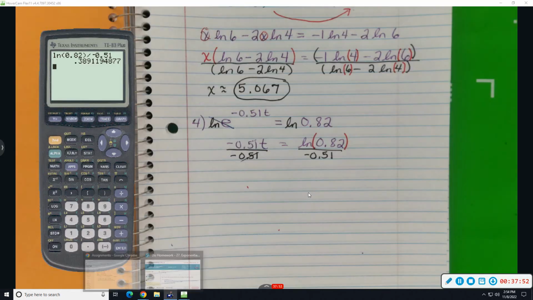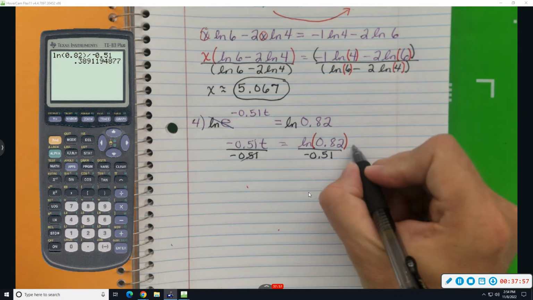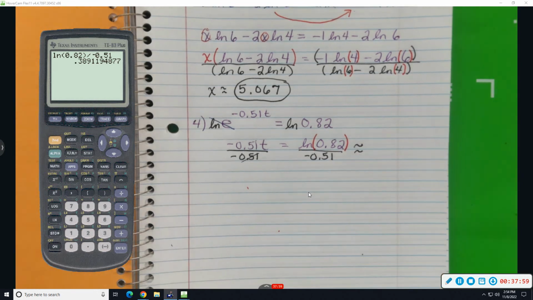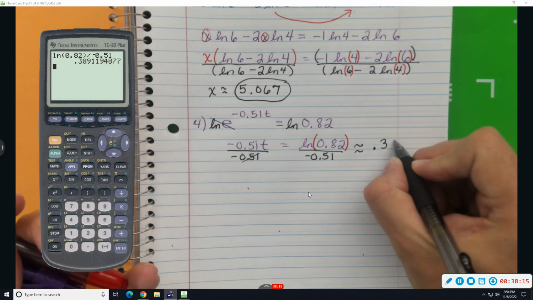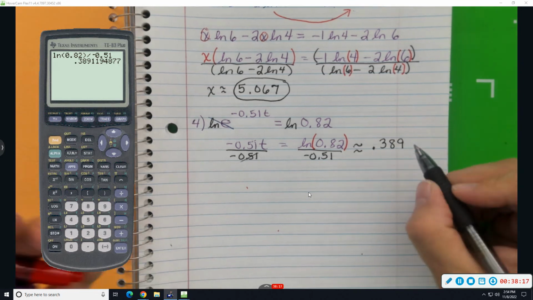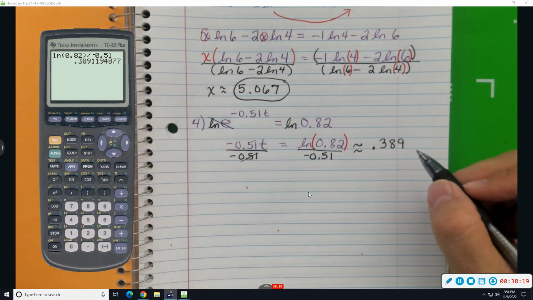Okay. So, wavy equals, meaning just approximate. So if I'm rounding this to 4 decimal places, 0.38911. So it's going to be 0.389 what? What will I put after the 9? Do I leave it as a 1 or make it a 2?